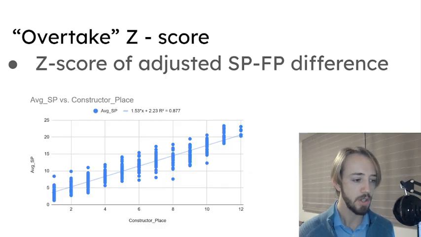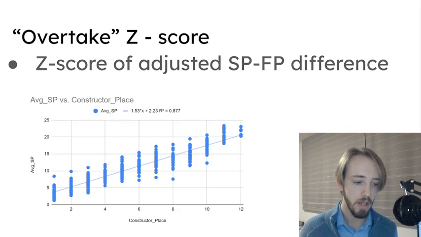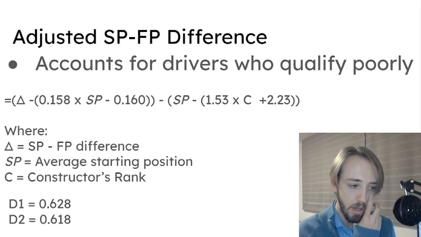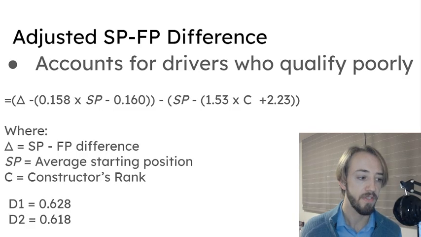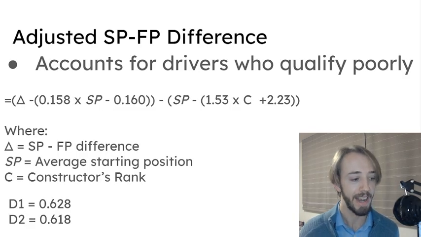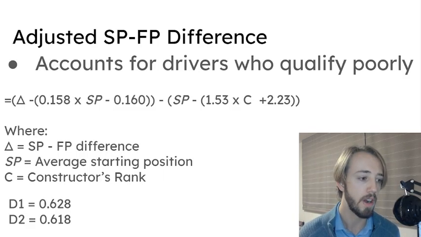But what you can do is take the line of best fit for both of these plots, and plug a bunch of numbers in, and it'll give you an adjusted starting position, finishing position difference. And this is to account for drivers who qualify poorly.